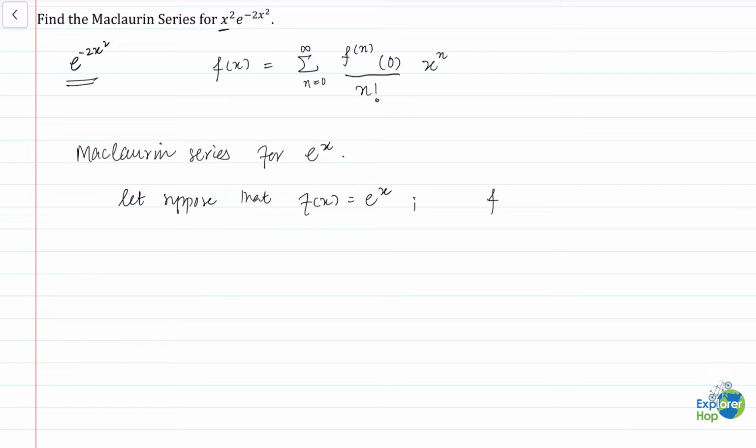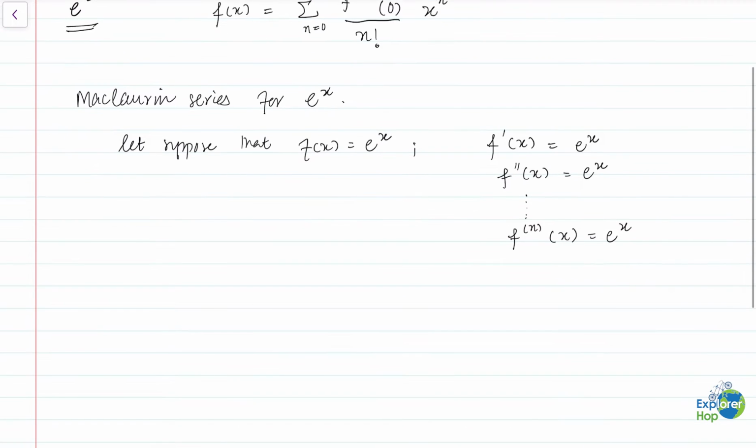Then the first derivative of f(x) would be e to the power x. The second derivative would be e to the power x, and this would continue till the nth derivative. So the nth derivative would also be e to the power x. We know this because the derivative of the exponential is always the exponential itself.